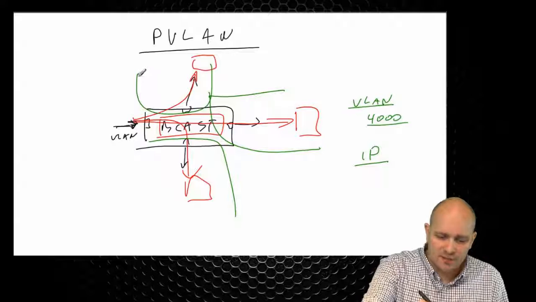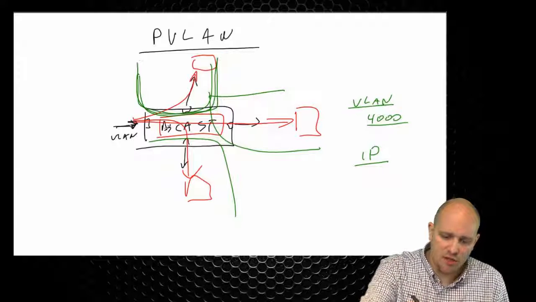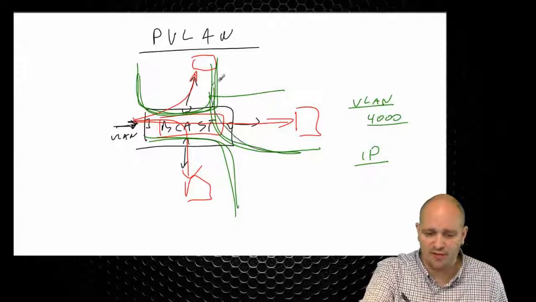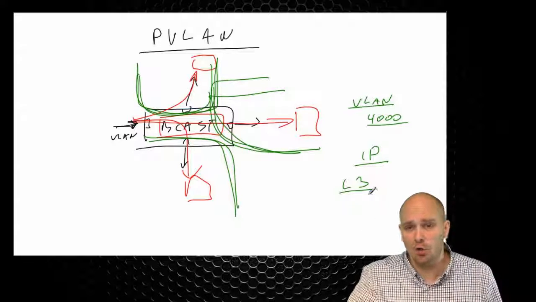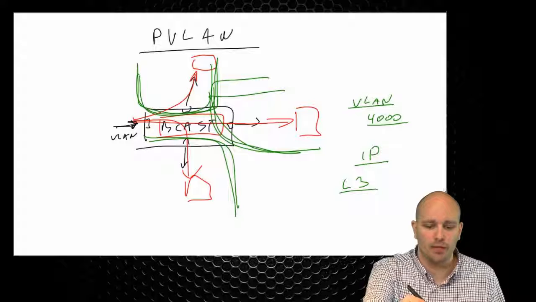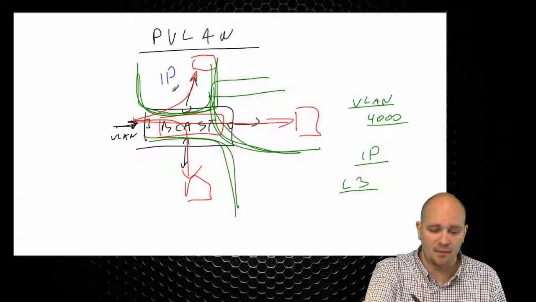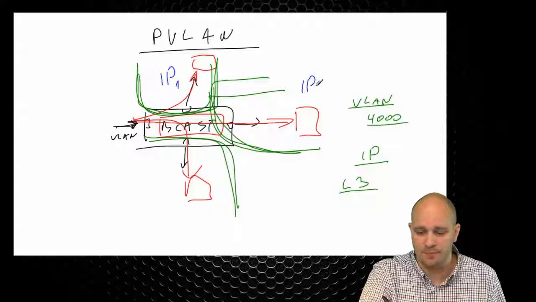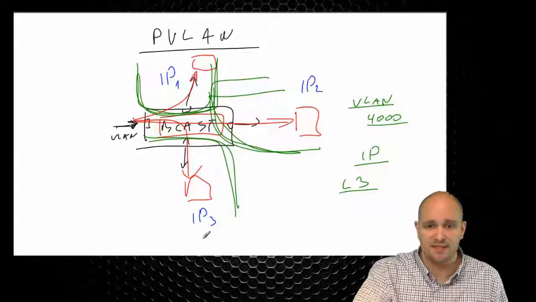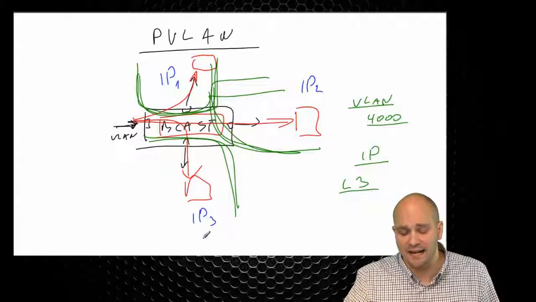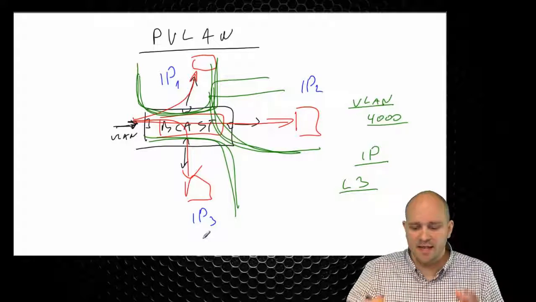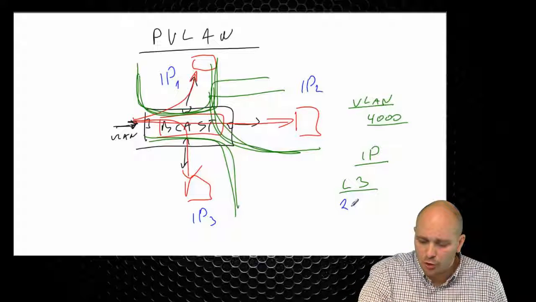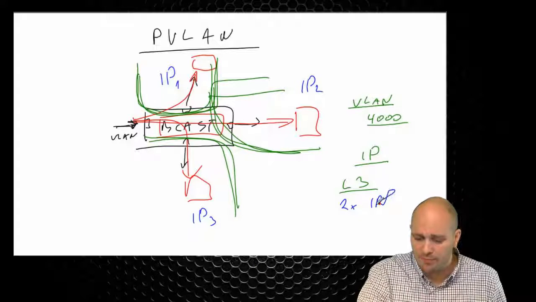Another scalability challenge here is the number of IP subnets that you would need. Why? Because if we separate this traffic here, from this traffic here, from this traffic here, if these want to communicate, they would have to communicate on layer 3. And if they need to communicate on layer 3, that means that we need IP subnet 1 here, IP subnet 2 here, and IP subnet 3 on this side. Now, when we divide the network into these multiple IP subnets, we are going to be losing 2 IPs per subnet. Why?